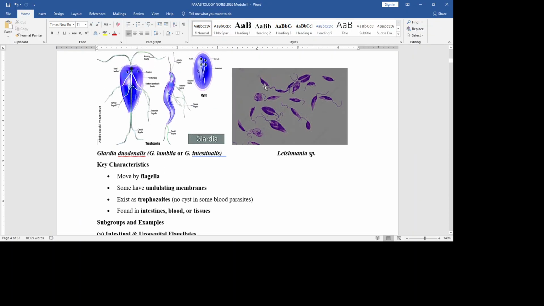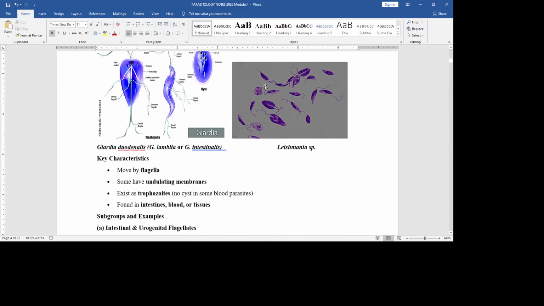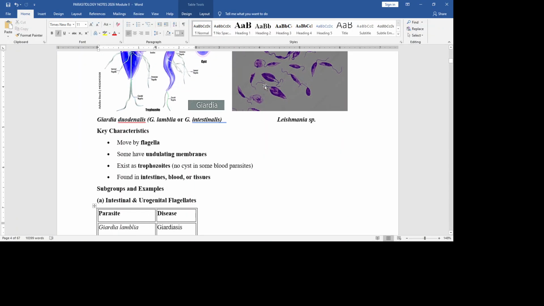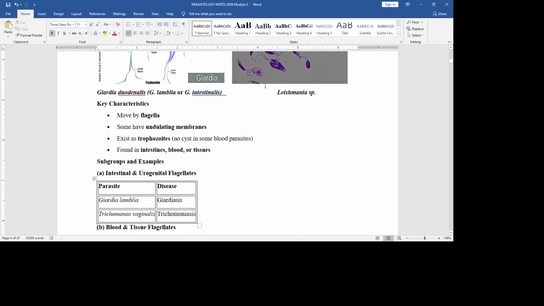And so depending on the preferred site, the mastigophora or the flagellates are divided into a number of subgroups, which include the intestinal and urogenital flagellates, and the tissue and blood-dwelling parasites.